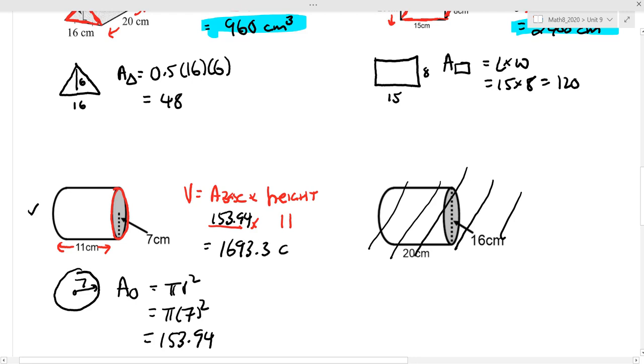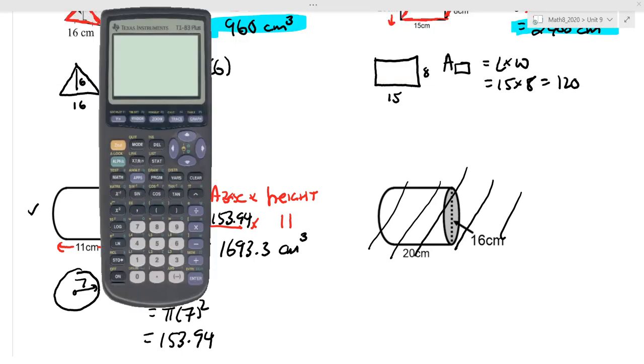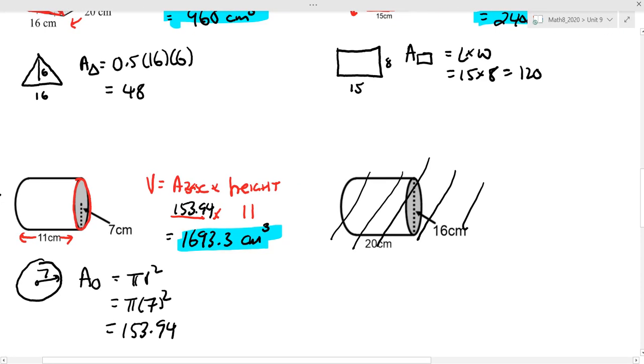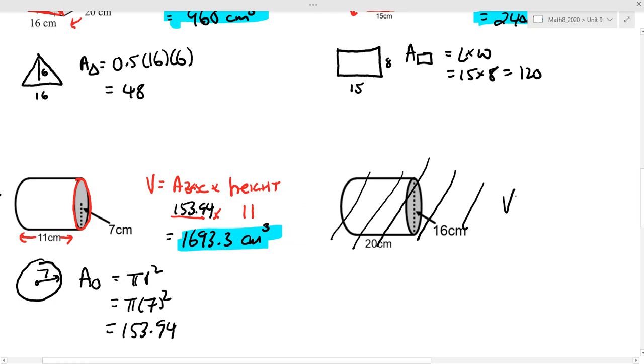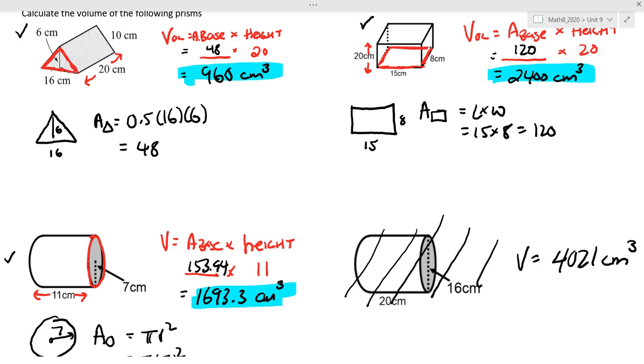What's the answer for B? On the top. I'll come back to it. Yeah, give a couple more.